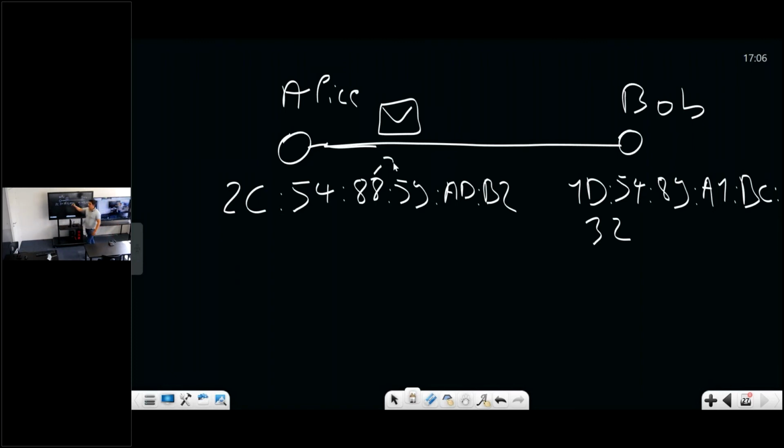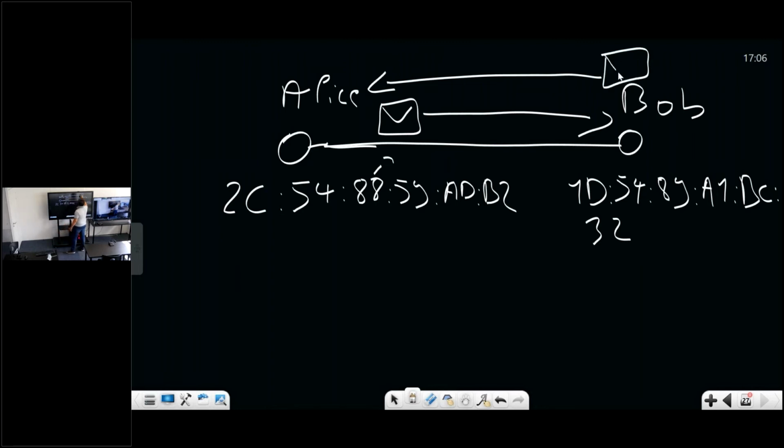You take your letter, you go and you put it inside. So you know the address of Bob, so you can send it directly. And Bob can do the same. He can send back a letter, what we call a packet, to Alice, by using the MAC address of Alice, and Alice the MAC address of Bob.